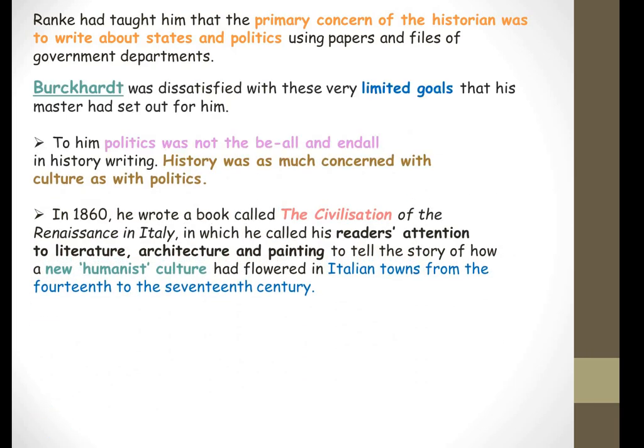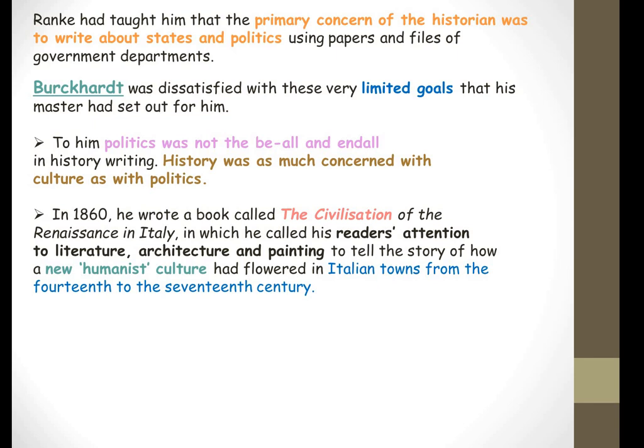Burckhardt, the Swiss scholar we are talking about now, was very dissatisfied with these very limited goals. He said that if you just collect papers and files of government departments, these are limited resources. So his master had set out goals for him, but he was dissatisfied.